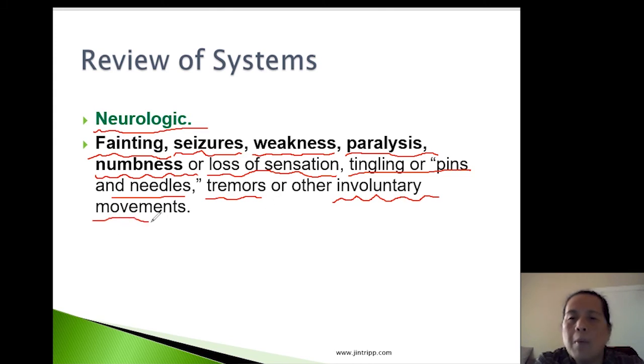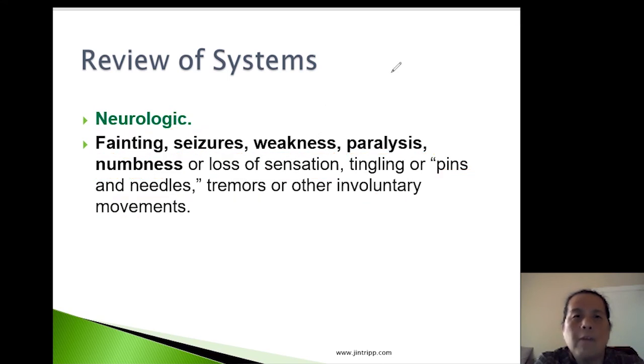We will talk about some illnesses later related to involuntary movement. They couldn't control their movement. So those are some questions relating to the nervous system.